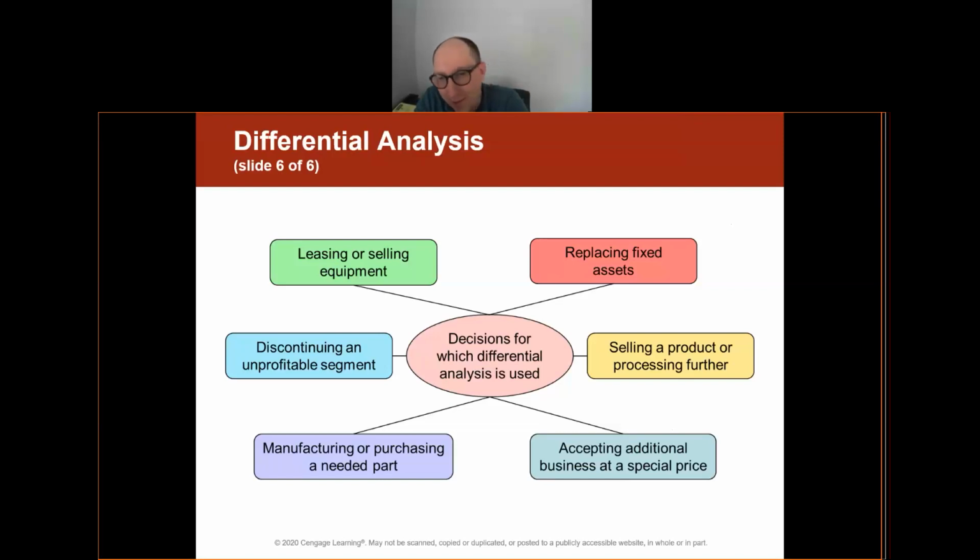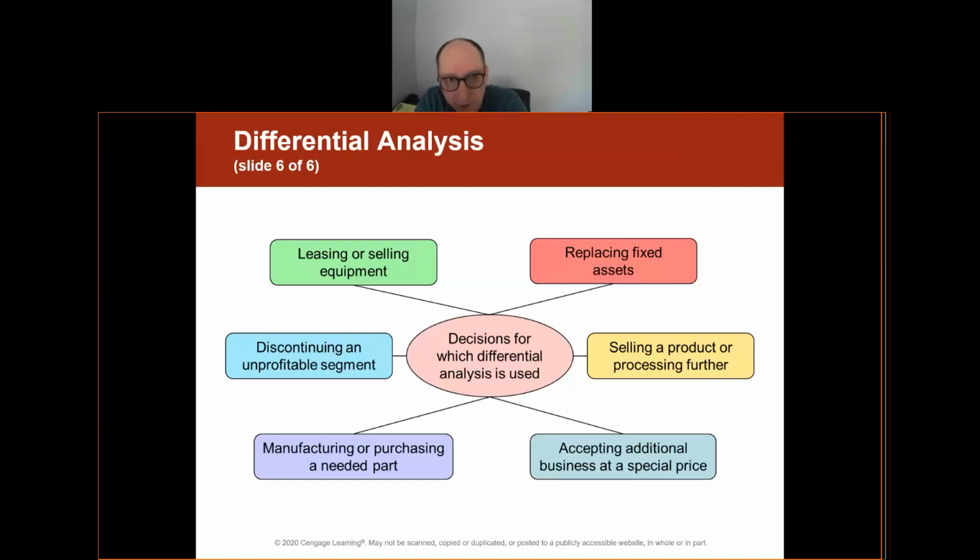And we can make this type of decision a number of different ways. This differential analysis can be used for deciding between leasing or buying equipment, replacing fixed assets, that's the good old repair or replace, discontinuing an unprofitable segment, manufacturing or purchasing, accepting additional business at a special price, selling a product or further processing it.